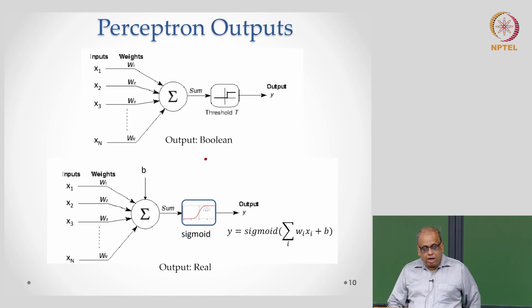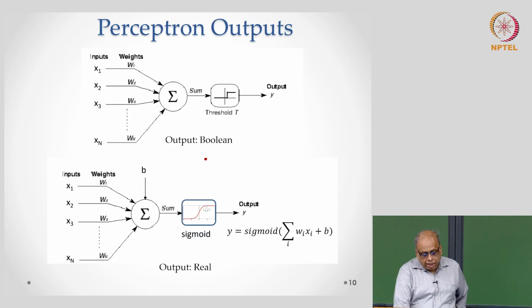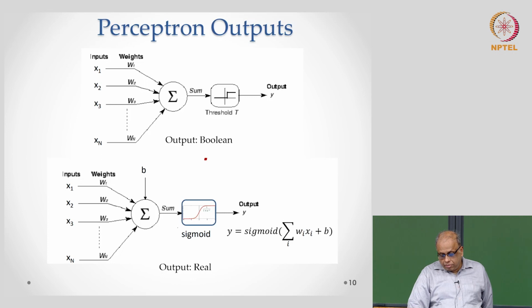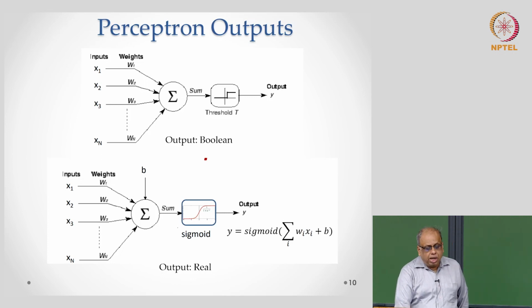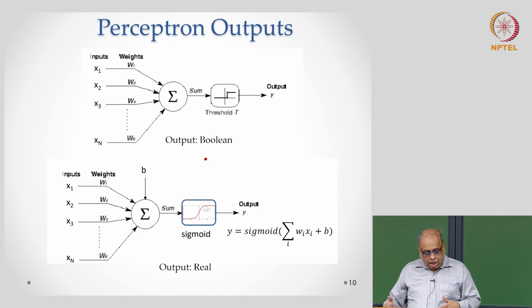So for example, if you are using this neural network for a classification task, then you can do that. Okay, or the output can also be a real number. For example, in sigmoid you can get a real number, and a real number would be useful for a regression kind of task where you are trying to predict a value, and the value can be a real number.